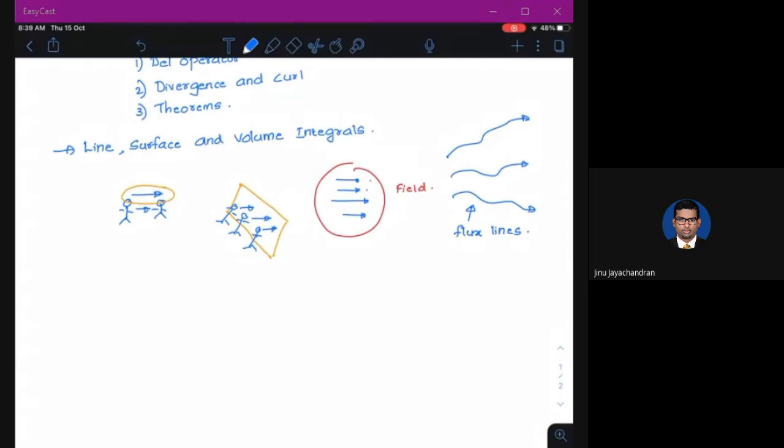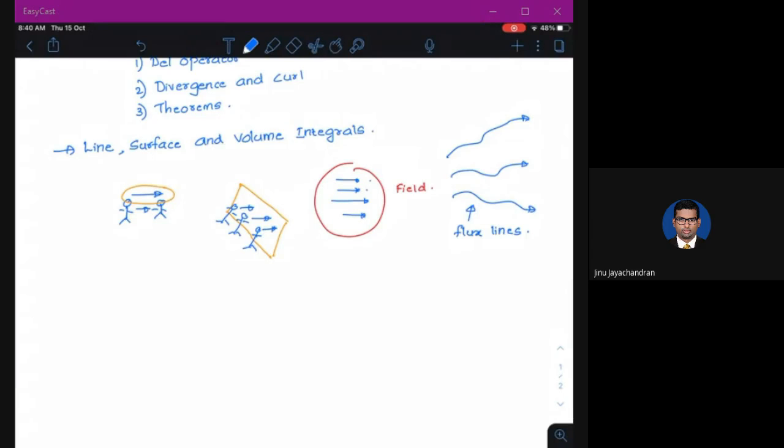In electrostatics and magnetostatics, it is usually used to represent an electrostatic field or a magnetostatic field, or in mechanical terms, it is mostly a force. So basically it's a force. Whenever you see such different arrow lines in different directions, you can assume that it is a force traveling in different directions.